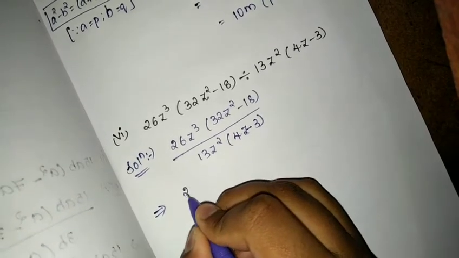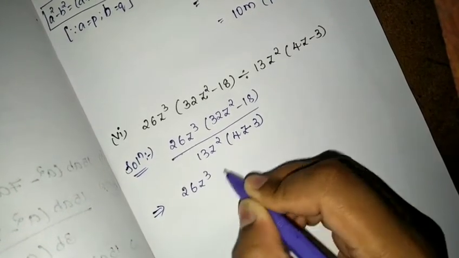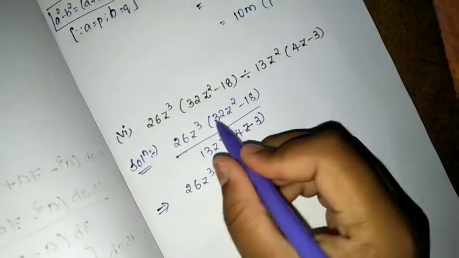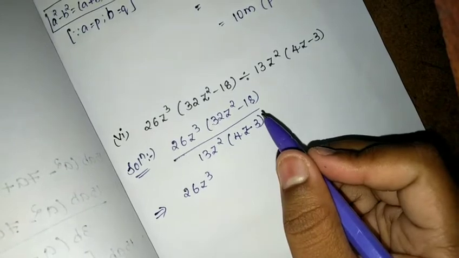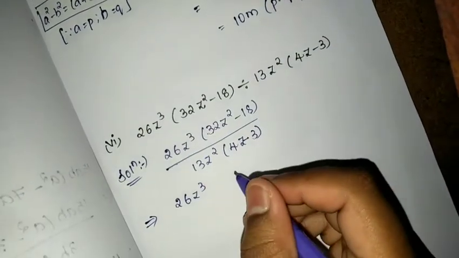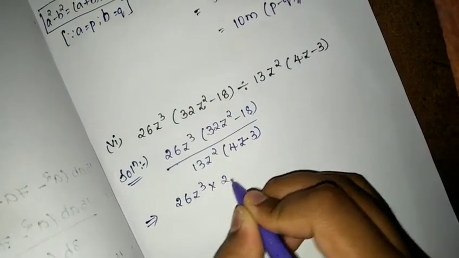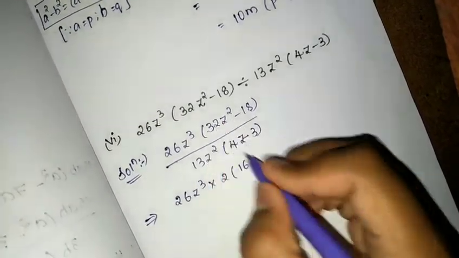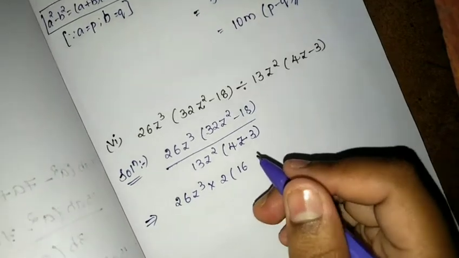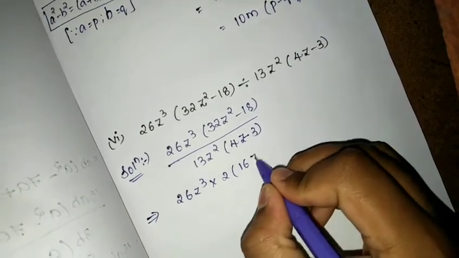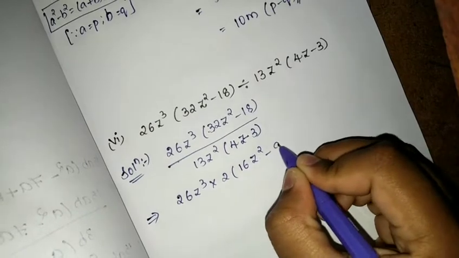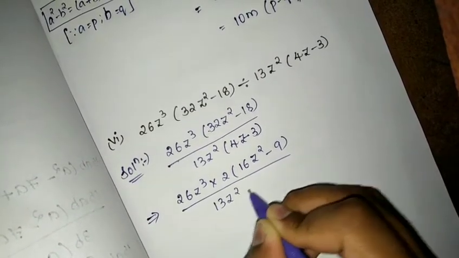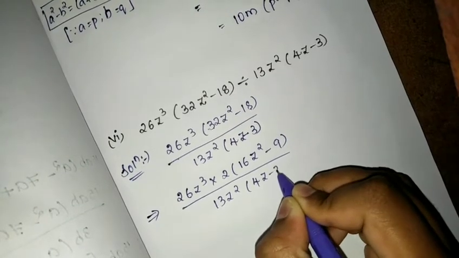Here 26z cube. So from these two we can take 2 common. Then we get 16, 16 2s are 32, z square minus 2 9s are 18, divided by 13z square into 4z minus 3.